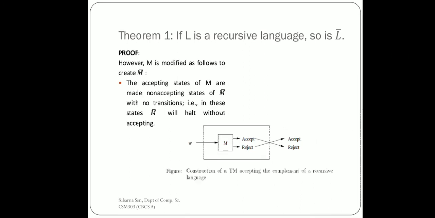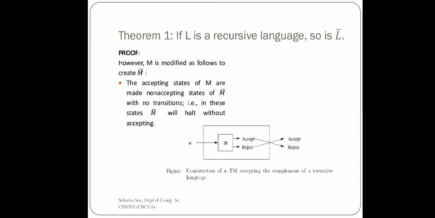Now how are we going to modify M so that we can create M dash? The accepting states of M are made non-accepting states of M dash with no transitions. It is the same as when we had a DFA, a finite automaton, and had to construct its complement.